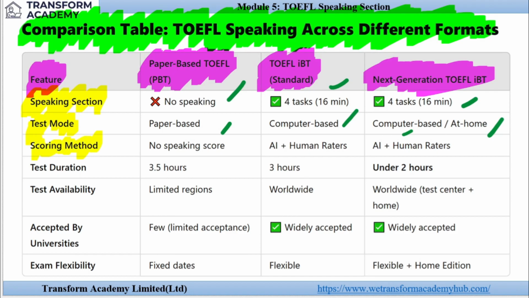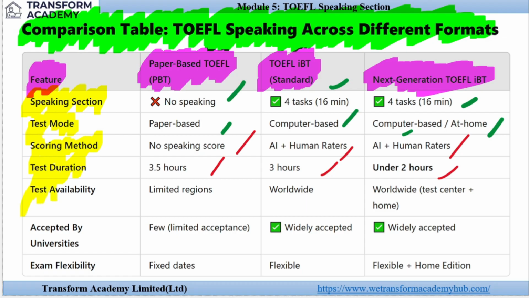The scoring method: no speaking score in the PBT, AI plus human raters in the rest of both of these. The test duration: 3.5 hours in the paper based, 3 hours in the iBT standard, and under 2 hours in the next generation TOEFL.